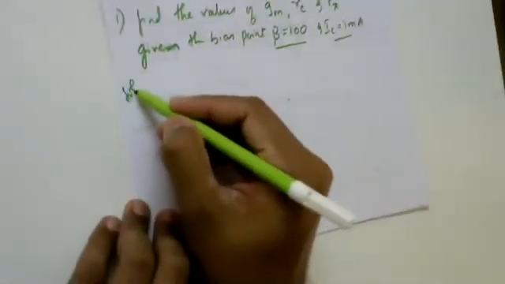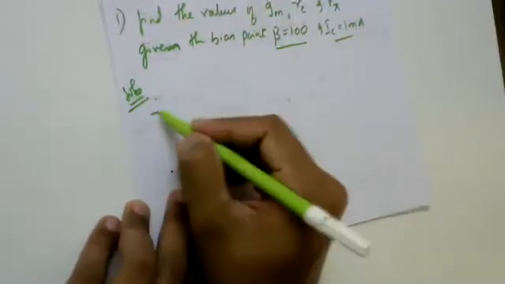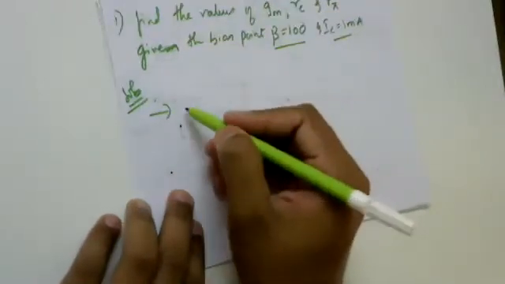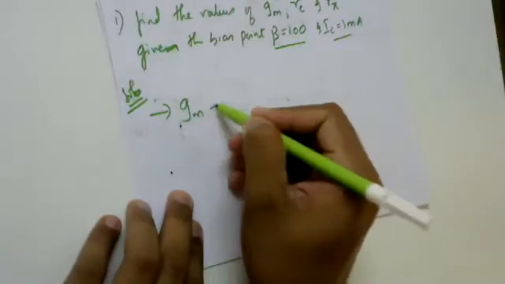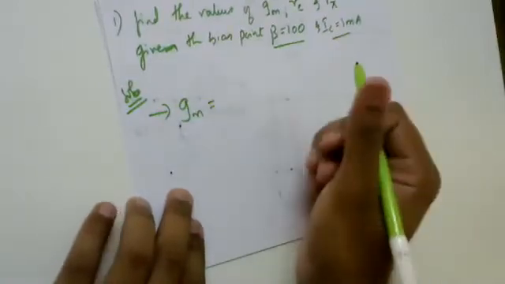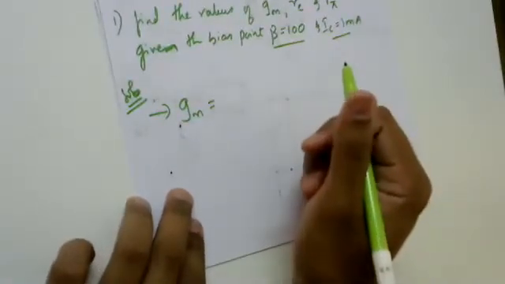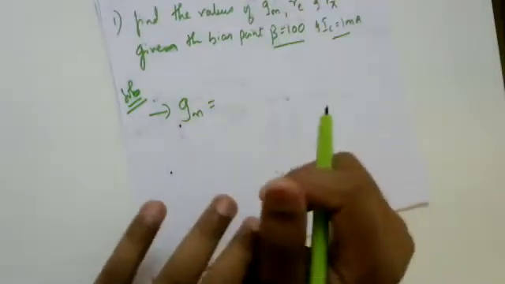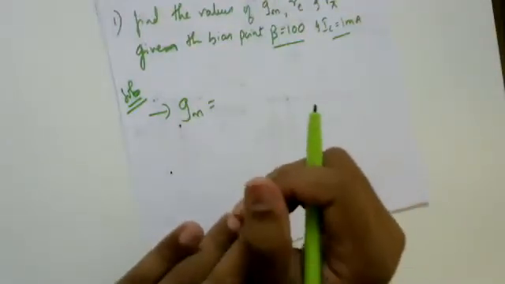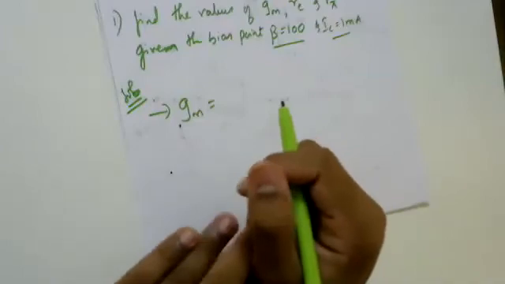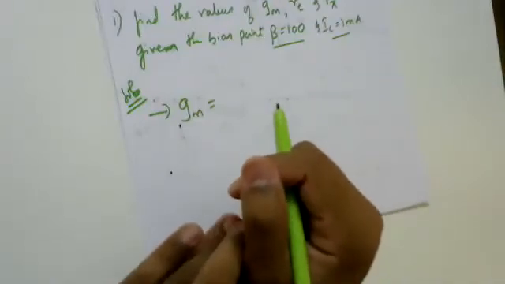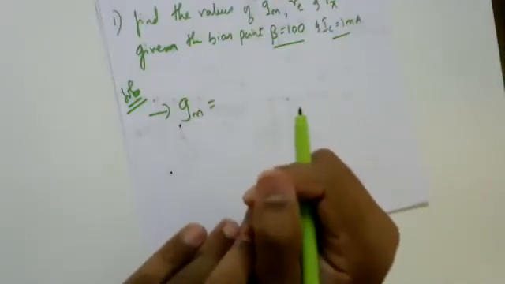So now, to solve this numerical, first we should know how we are going to define our GM. How are we going to define GM? Please answer in the group chat. How are we going to define our GM, the transconductance? Yes, my dear students.